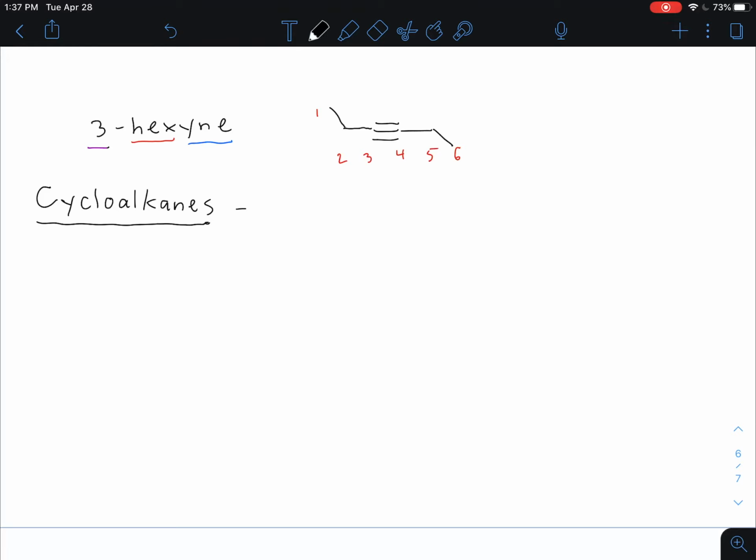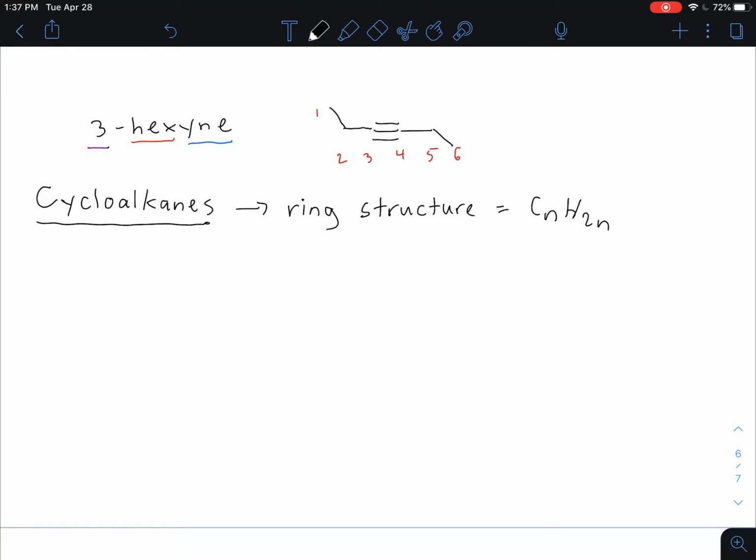And the cycloalkanes, the cyclo means that there is a ring structure in them. So just like alkenes, they're going to have the formula CnH2n, but now the rationale is slightly different.